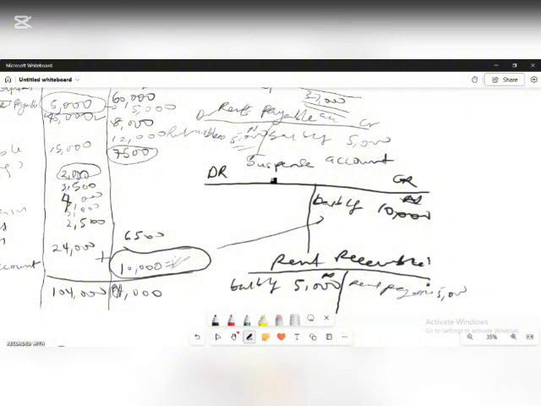Okay, so we're transferring the rent receivable down to the rent payables, and that's the only way by which you can do that, by transferring the rent receivable back into the rent payables account. Okay, so on this note, we call it a day.